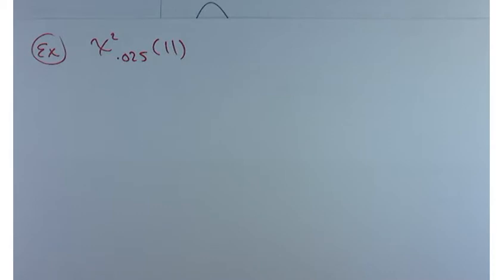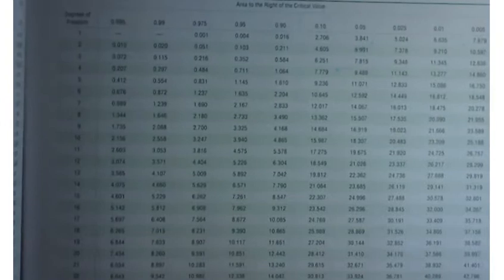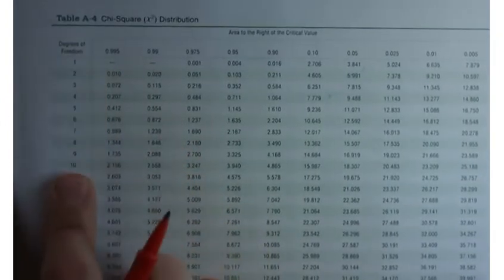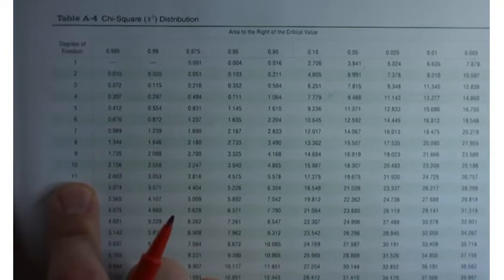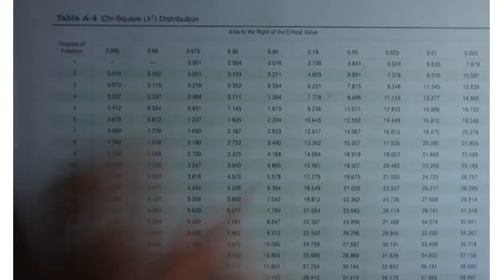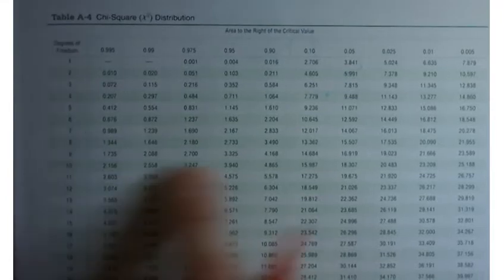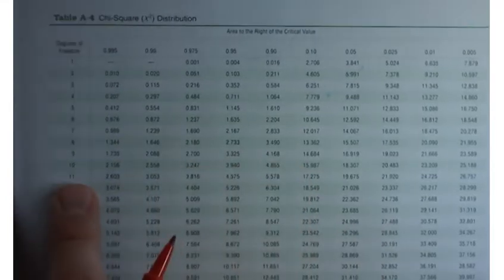If we're going to do this with a table, then open up to the appropriate table. I believe it's on page 728. Look down for degrees of freedom. Degrees of freedom is 11. And then we want the area to the right of the critical value. So we want that area to be 0.025.